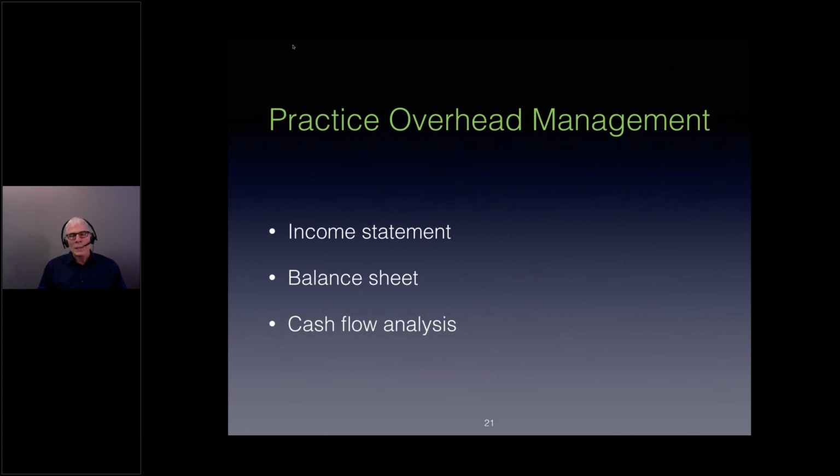Now also realize that because of accounting rules, there are relationships between the income statement and the balance sheet that need to be understood, and those relationships are taught in the overhead management course.